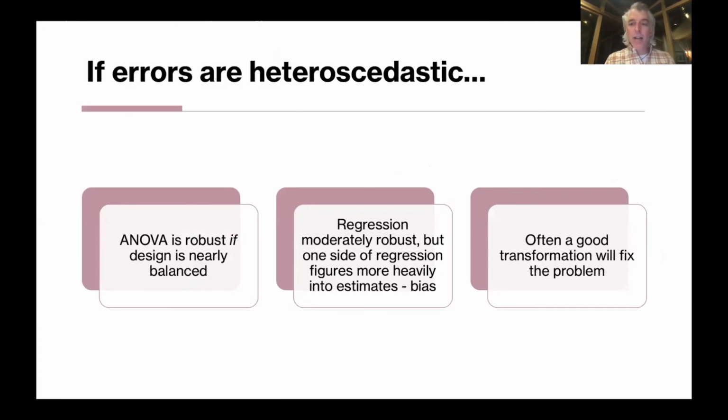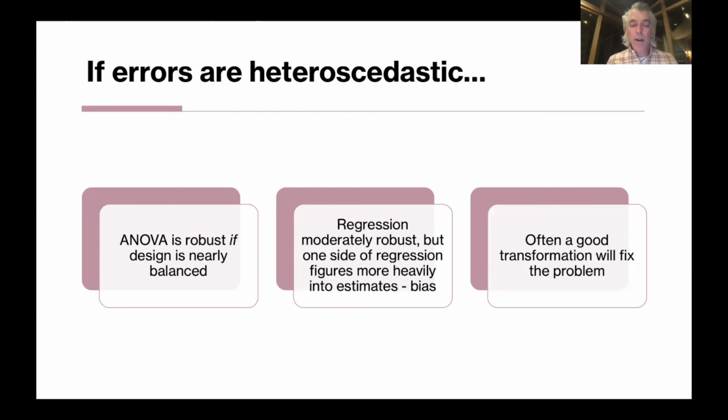Now, if we find there is heteroscedasticity in our residuals, then in our ANOVA type design, or where we have categorical predictors, these sorts of approaches are reasonably robust to this violation of this assumption, as long as our statistical design is relatively balanced.